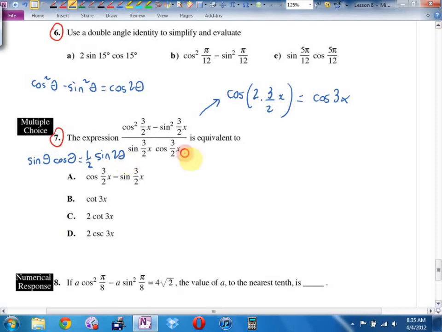I think the bottom is 1/2 sine of 2 times 3 over 2x. I think the bottom is 1/2 sine 3x. You okay with that so far?